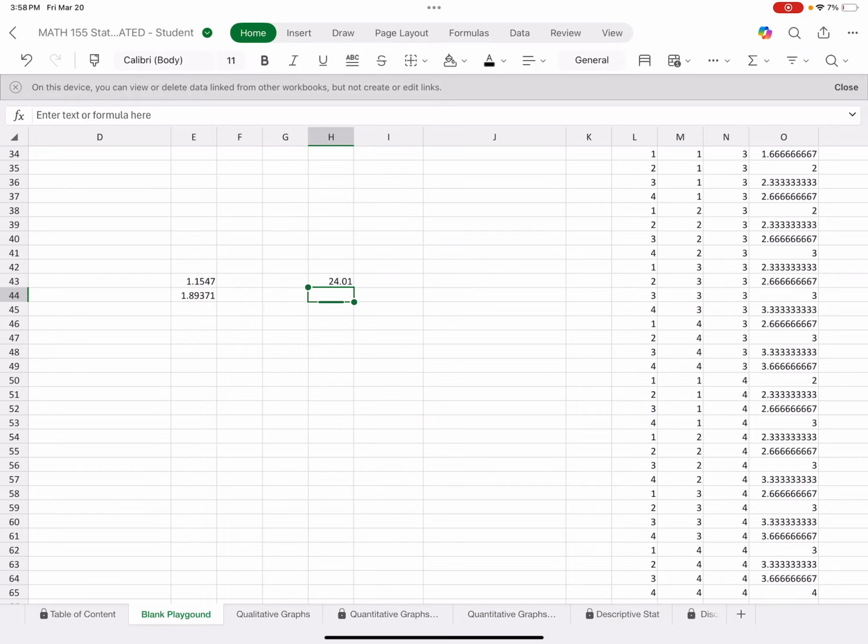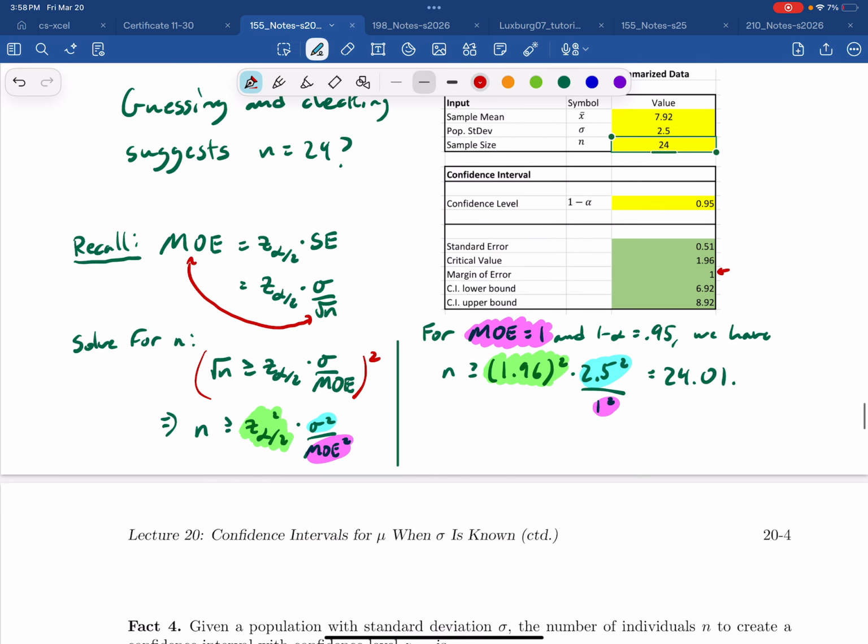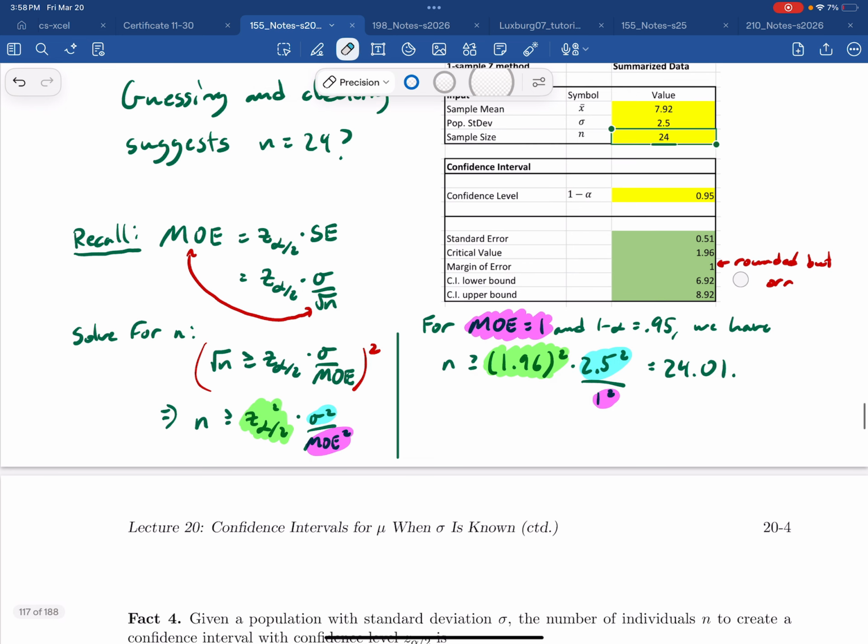Now, this is interesting because of what it means. 24.01 means that the value 1 here is rounded, but actually greater than 1.